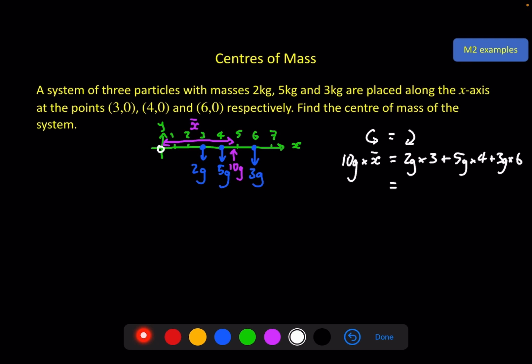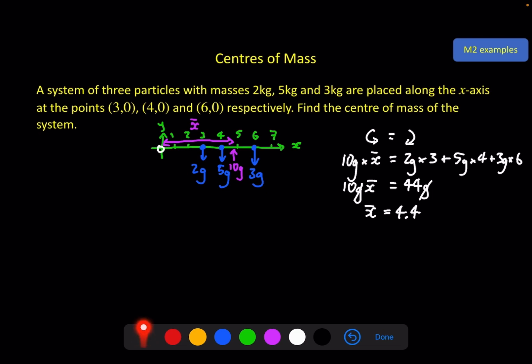So that gives us a total turning moment of 44g on the right hand side and 10g x bar on the left. Divide through by 10g, of course the g's cancel, and we get x bar is equal to 4.4. And that's the x-coordinate of the centre of mass.